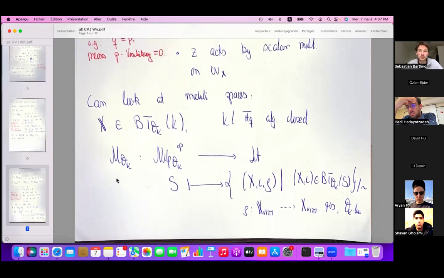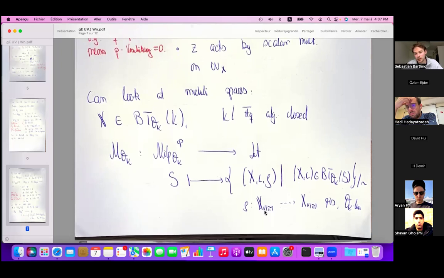It has better technical properties. For example, for quasi-isogenies you have unique lifting along nilpotent thickenings. But later there will be a definition.